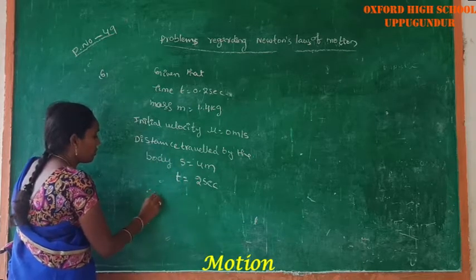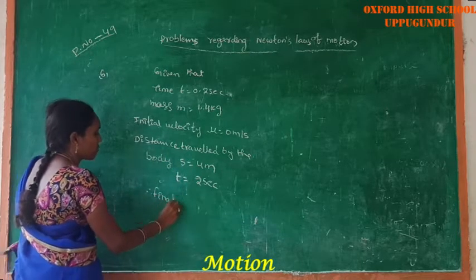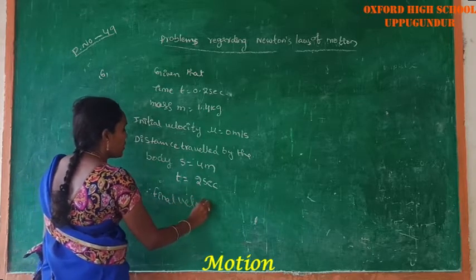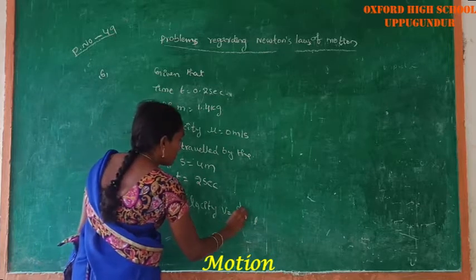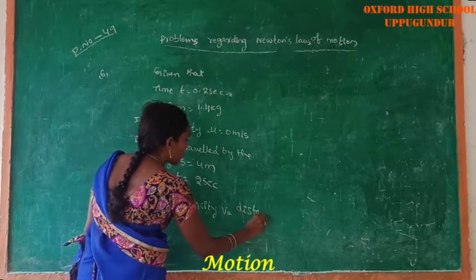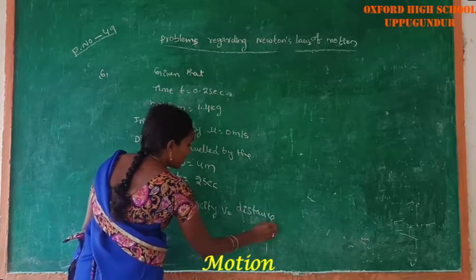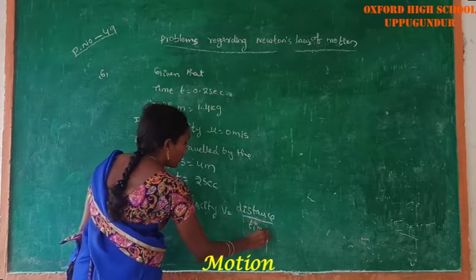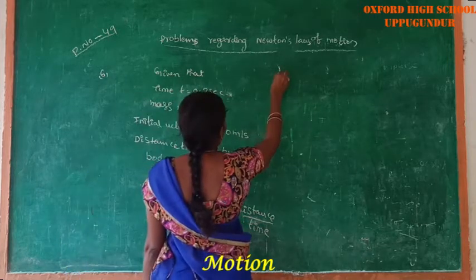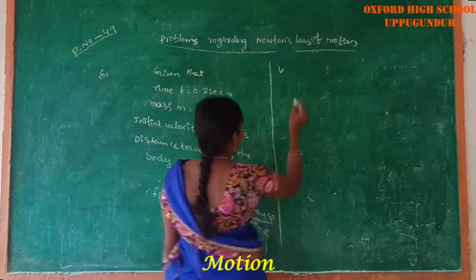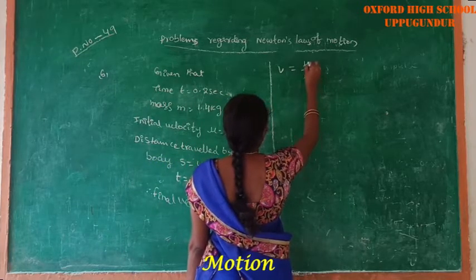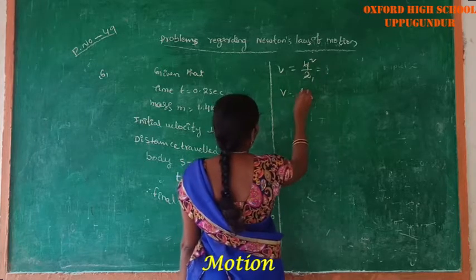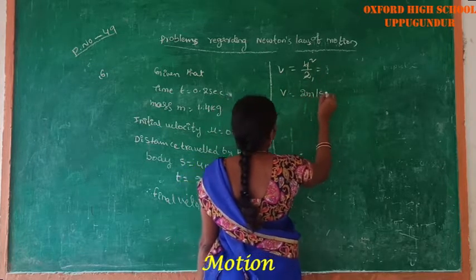Therefore final velocity v is equal to distance by time. Here v is equal to distance 4 by time 2, that is 2 ones are 2, 2 twos are 4, and v is equal to 2 meter per second.